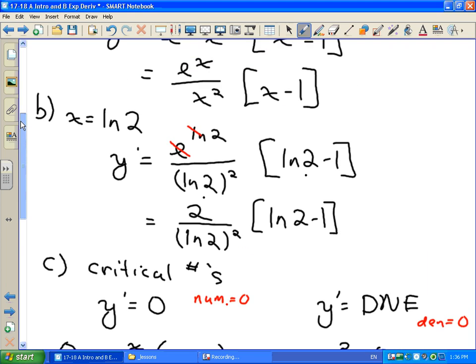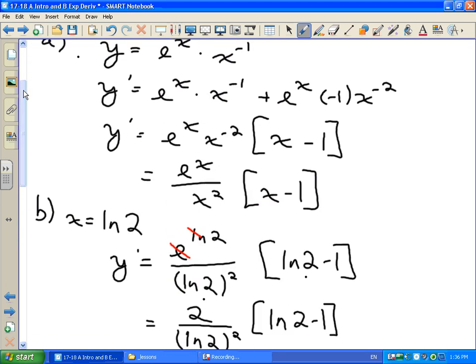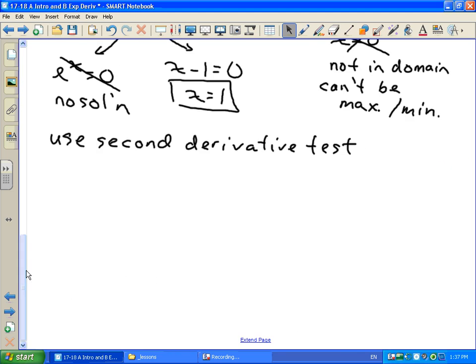But we can use our second derivative test. Now, this is going to be a little bit tricky because our first derivative is a little bit complicated: e to the x over x squared times x minus 1. What I would do is I would go back to this form of our first derivative, where we've got everything written out as something times something plus something times something else. That's the form that I would start from. So that's where I'm going to pick it up here.